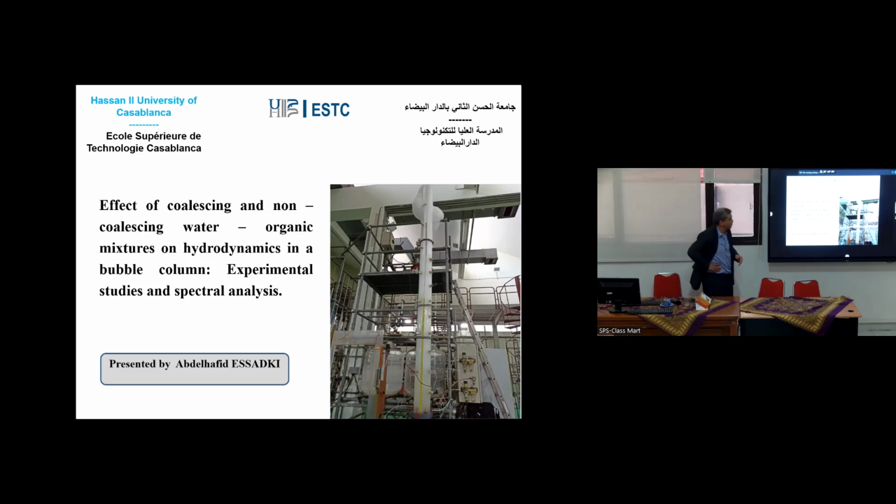This is important for gas treatment. When we put the gas into the liquid, the gas becomes bubbles.